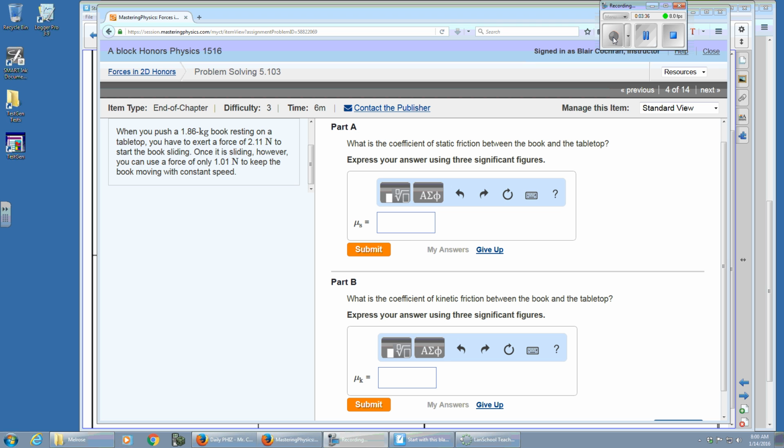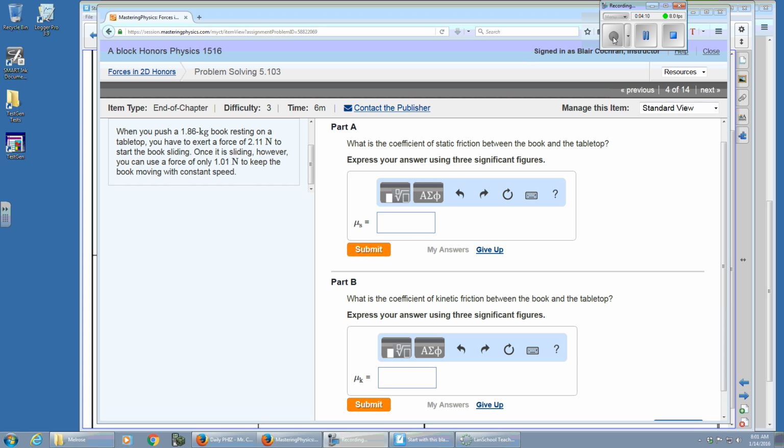All right, so 5.103. You've got a book resting on a table. You have to exert a certain amount of force to get it moving, and then less force to keep it moving, which tells me that the static frictional force is going to be greater than the kinetic frictional force, which is the common case.